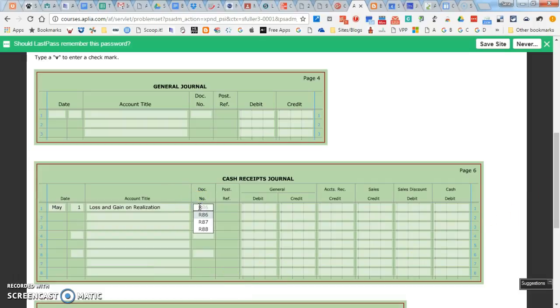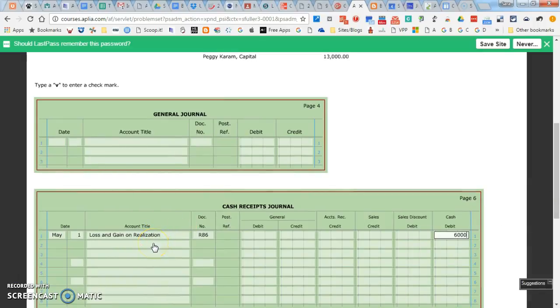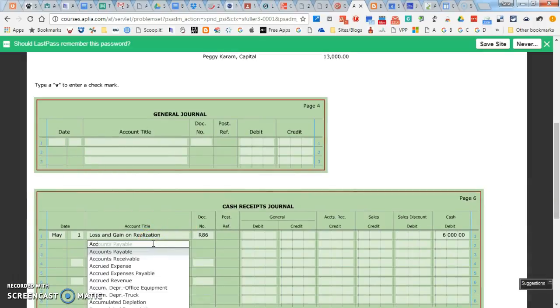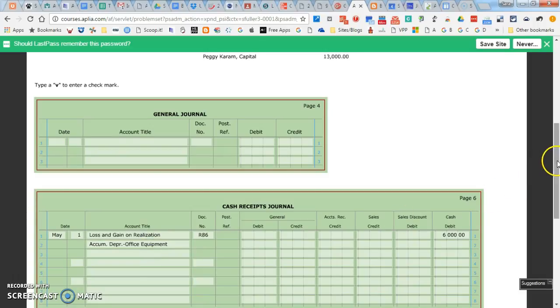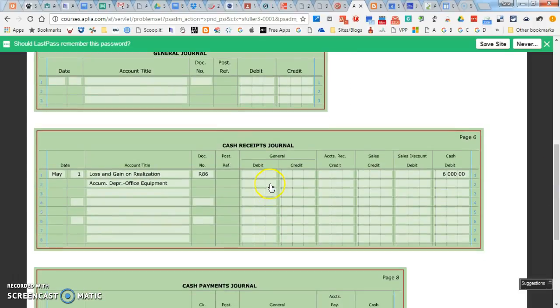Document number is R86. And then we know here our cash was $6,000. Okay, and we can't calculate that yet. We also have to do our accumulated depreciation, which is up here as well, so $8,250.